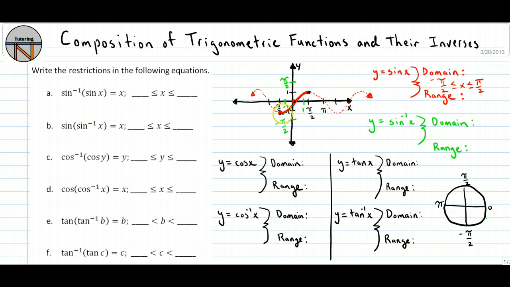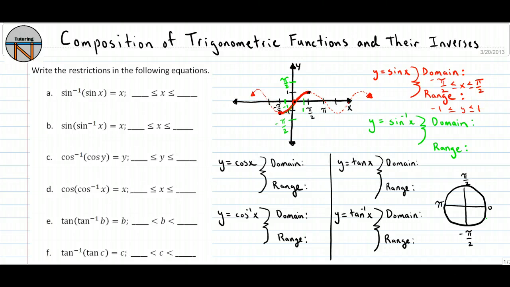Also, if you notice, the range in that restricted portion of y equals sine of x would have a range of negative 1 to positive 1, just like it would if it had no restrictions on the domain. Now, if you recall, by definition, to form the inverse of a function, you have to switch its domain and range. So all the x's become y's and all the y's become x's.